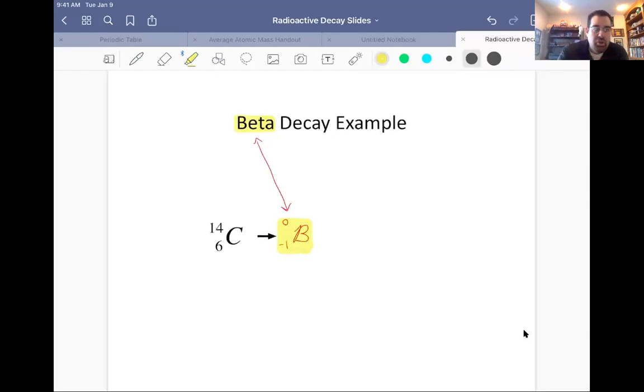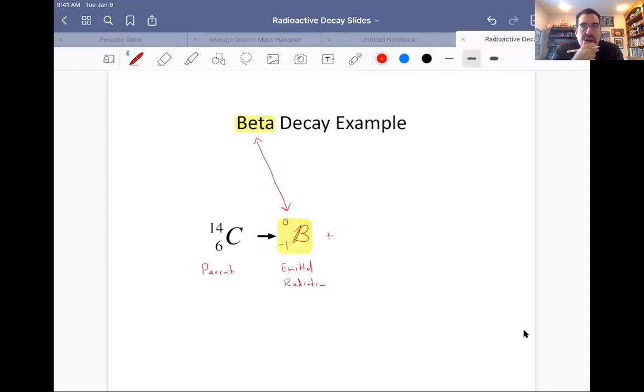So this is the parent, and this is the radiation. We have to determine what the daughter nucleus will look like in this beta decay.